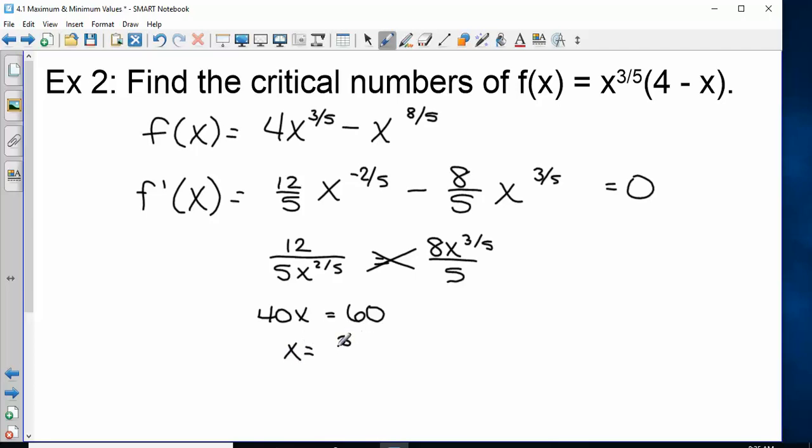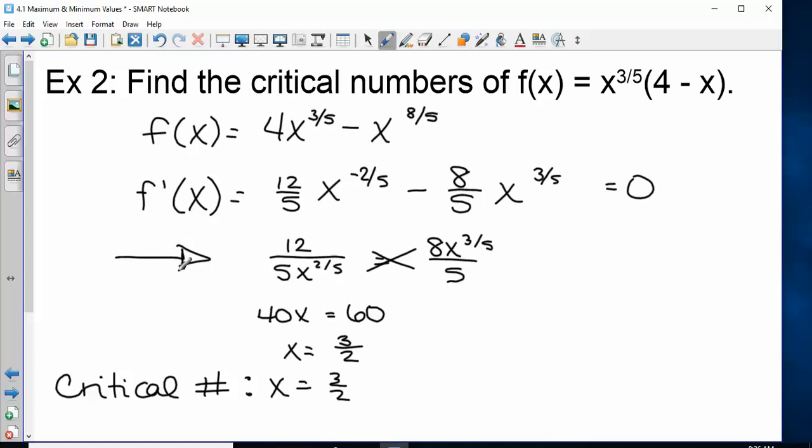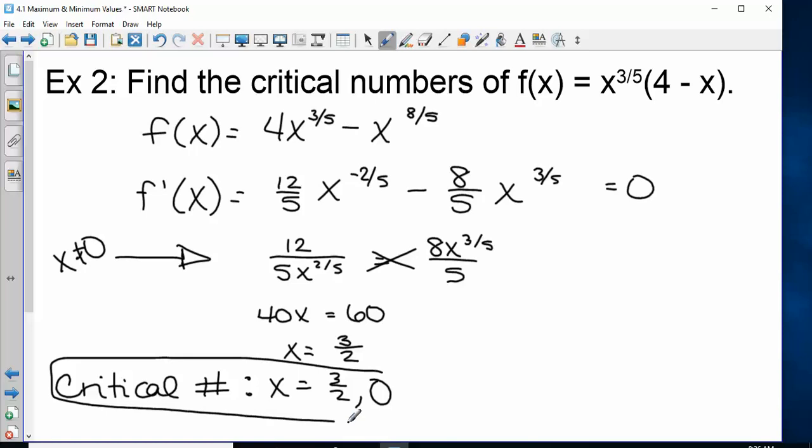Divide by 40 and you get 3/2. So the critical numbers are when x is 3/2, because that's when the derivative is 0. Is there anywhere this derivative would be undefined? Look right here. Is there any number I could not plug in for x? 0. I know right there, since x is on the bottom, it can't be 0. So 0 is also a critical number.